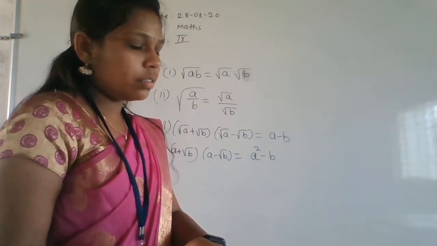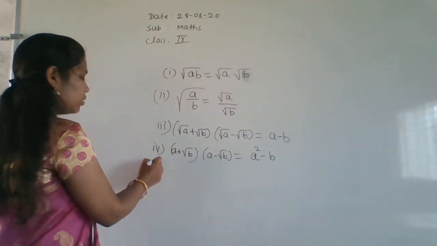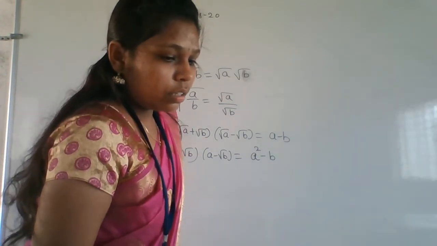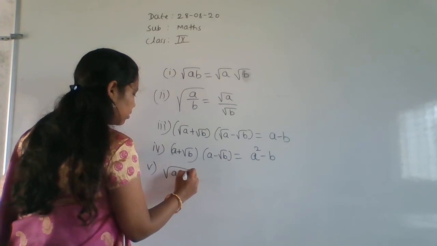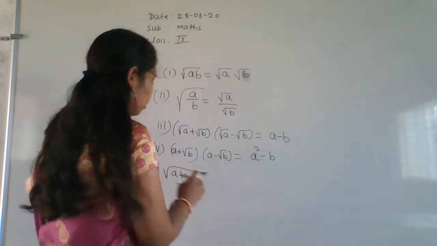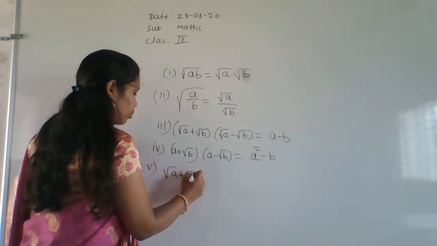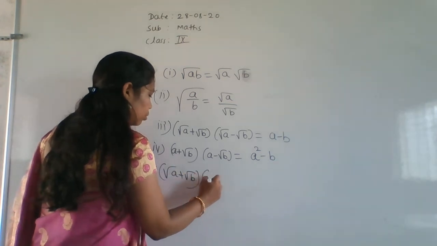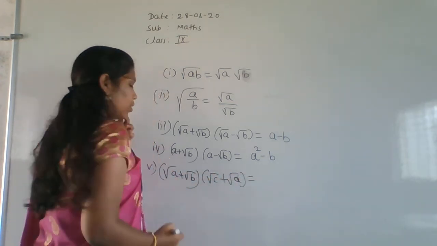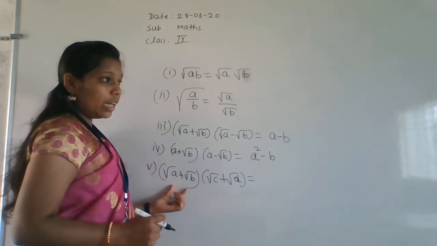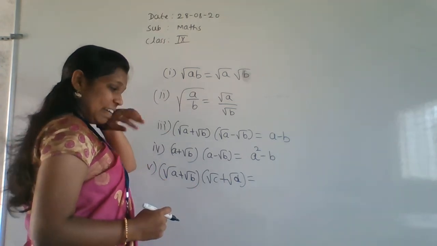Okay, the fifth one: root A plus root B into root C plus root D. This is nothing but (A plus B)(C plus D), like that.